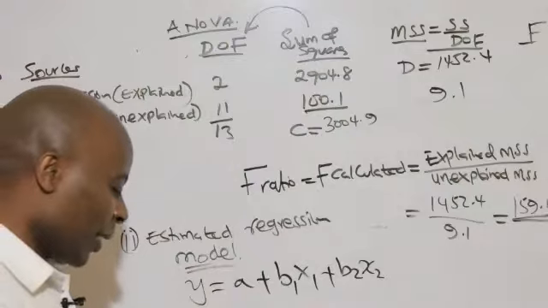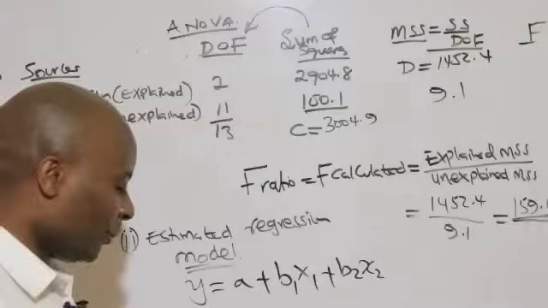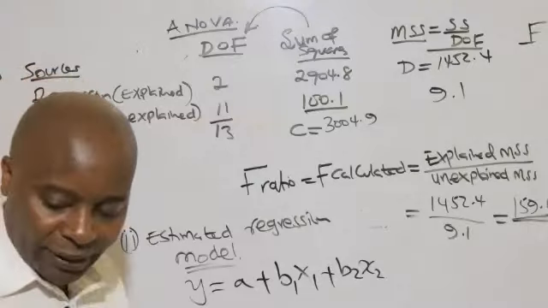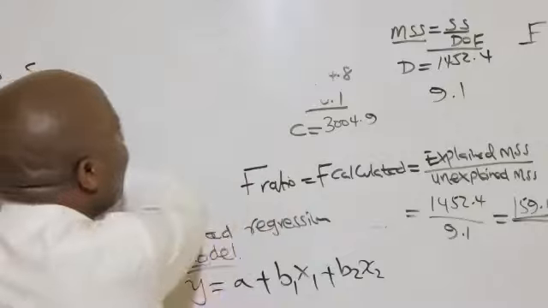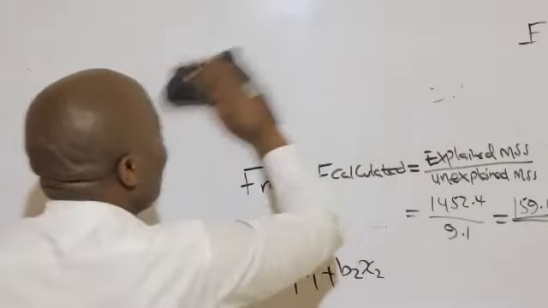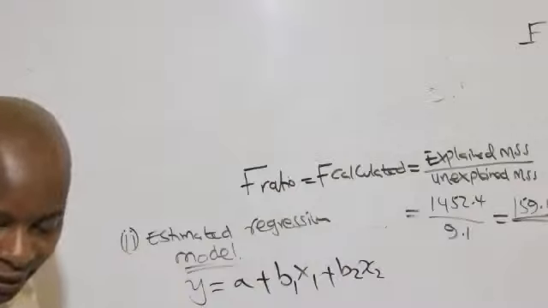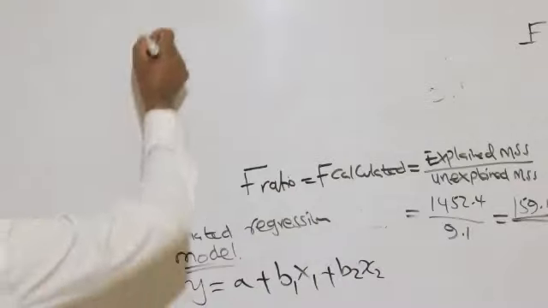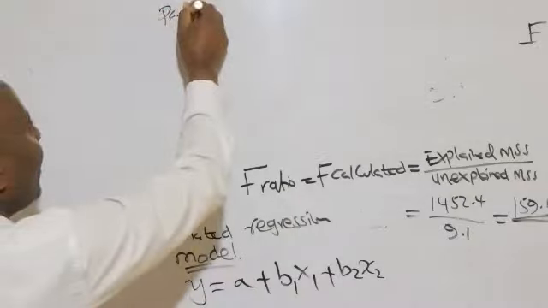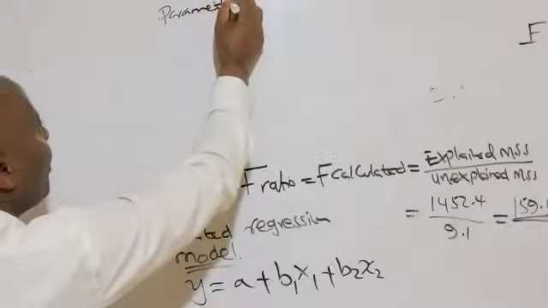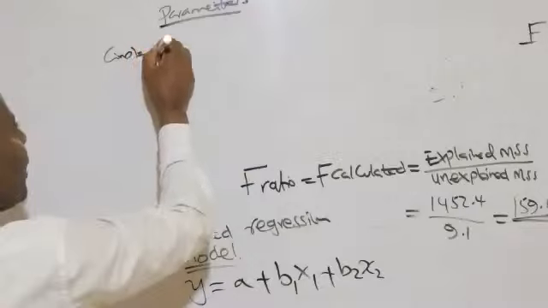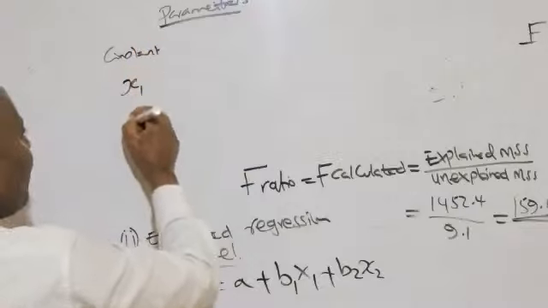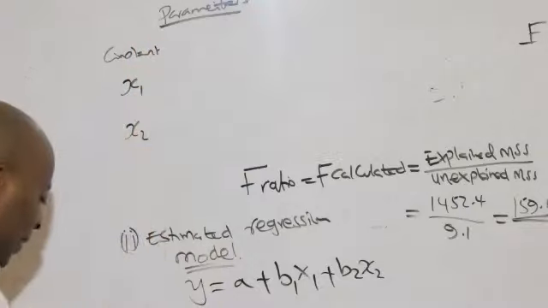Now, ladies and gentlemen, listen to me very well. The first table is the one that has the parameters: the constant, the parameter for x1 and the parameter for x2.